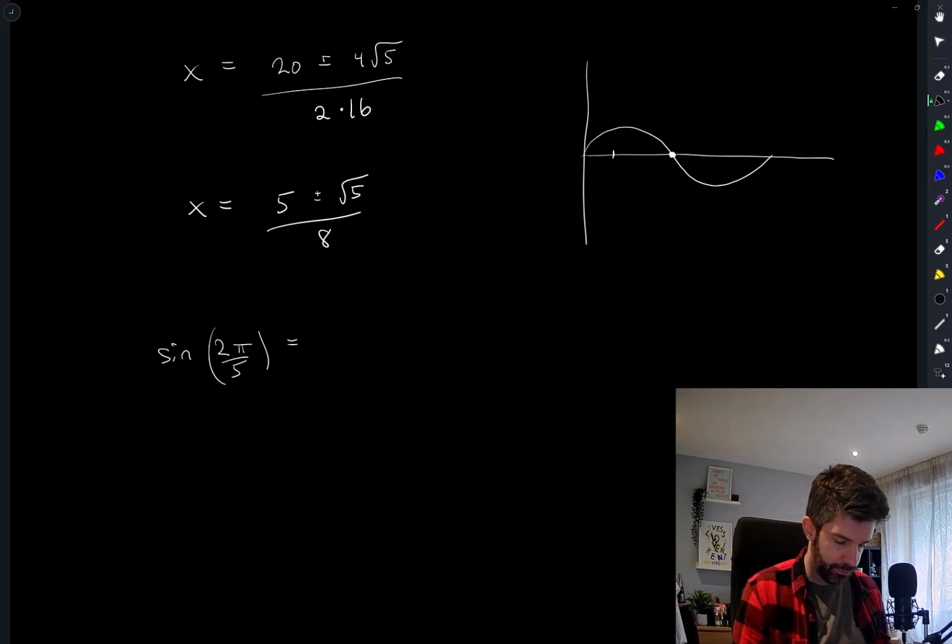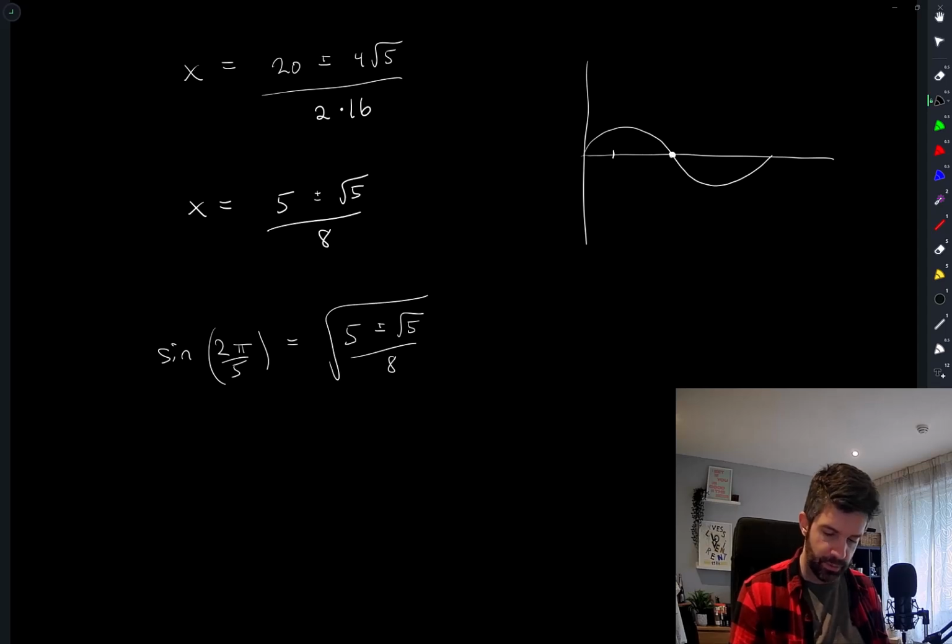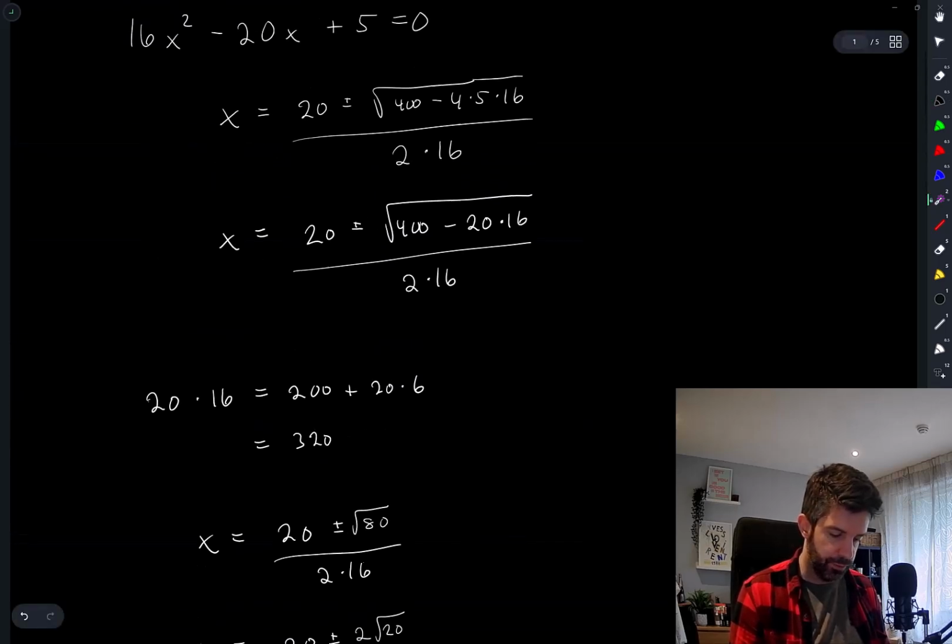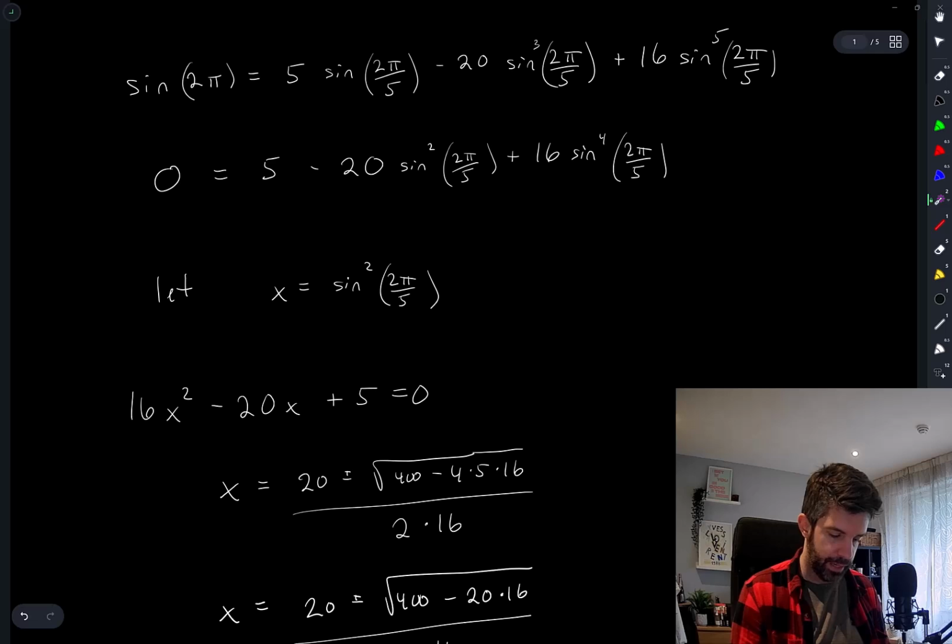So this is the square root of this thing. I could take the negative square root because I said x is equal to this thing. So I have to take a square root of x to get the thing that I want.